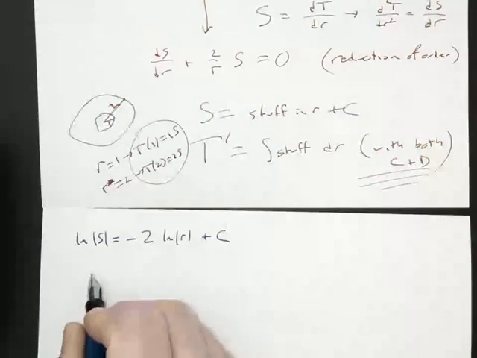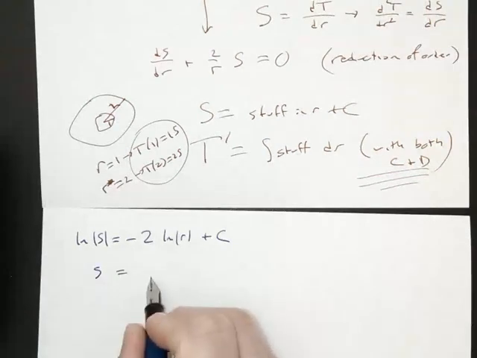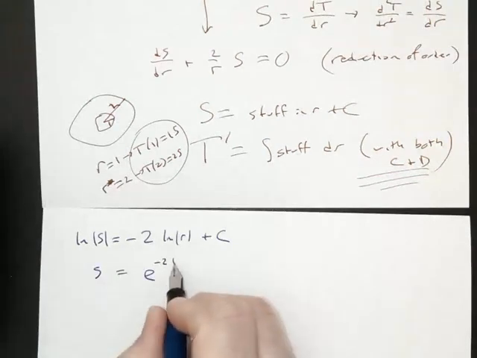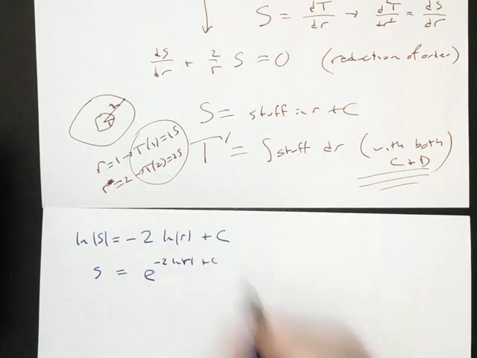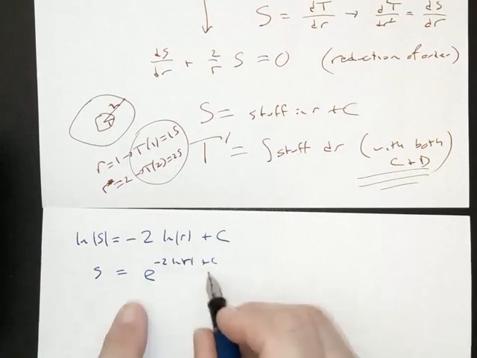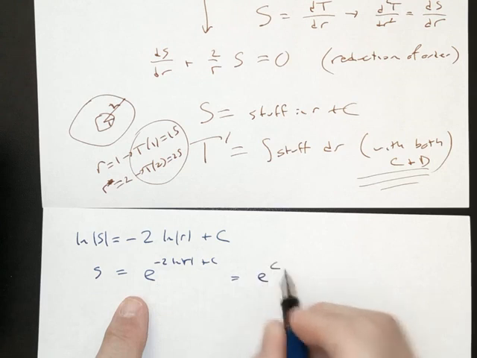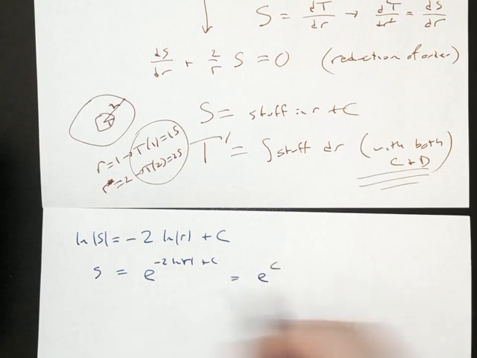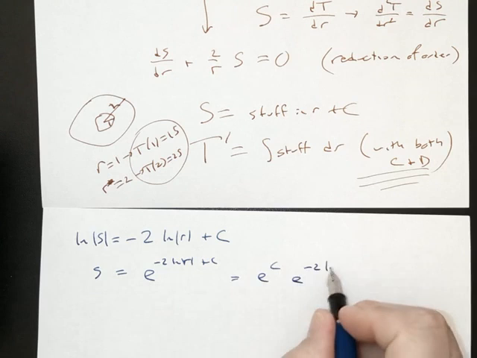So when I exponentiate on this side, I'll get S. And over here, I'll have e to the negative 2 ln r plus c. But e to the c is a constant. And then e to the minus 2 ln r.